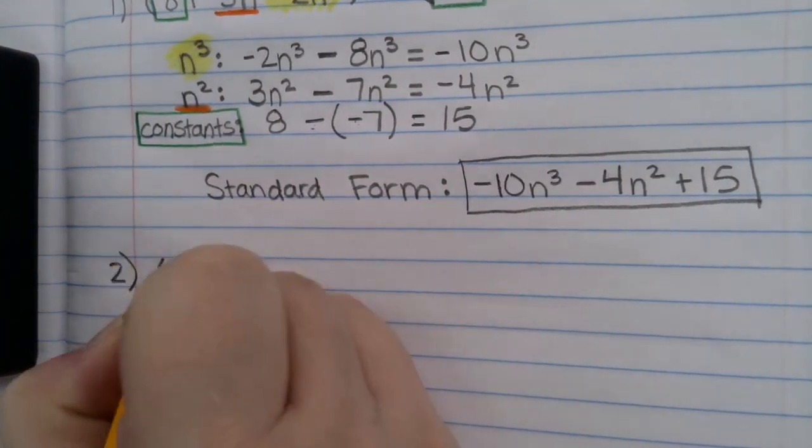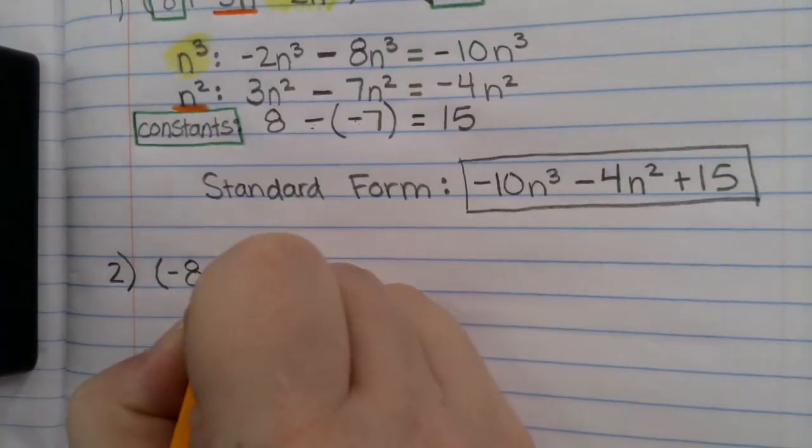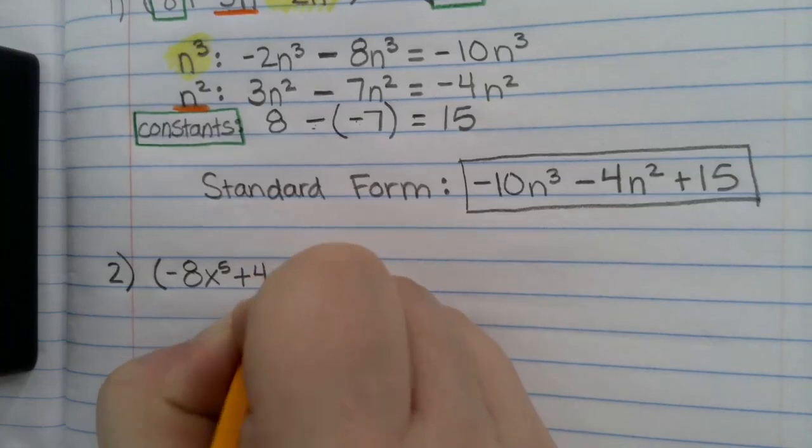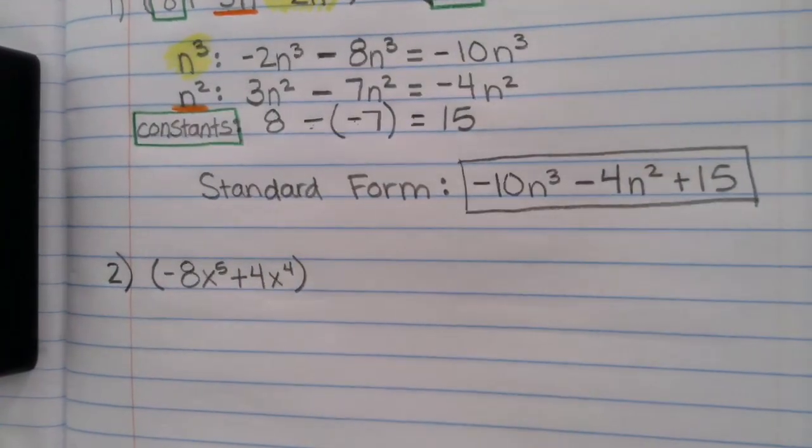Negative 8x to the 5th power plus 4x to the 4th power. So we're going to start with that binomial.